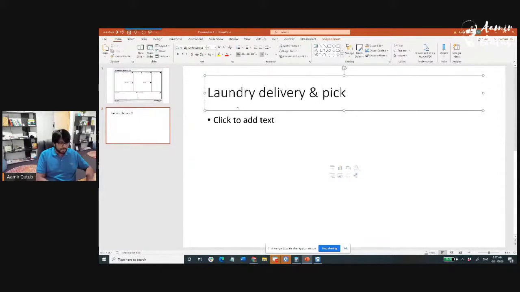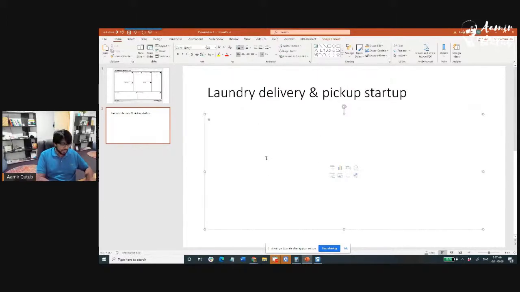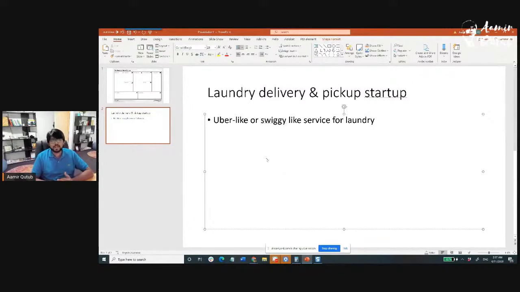For example, you have an idea to create an Uber-like service, or a Zomato-like or Swiggy-like service, but for laundry. That's my example.